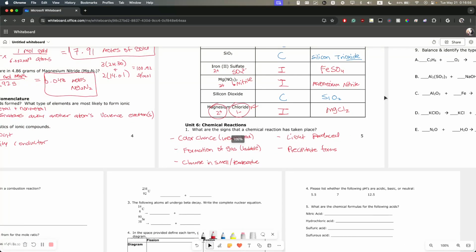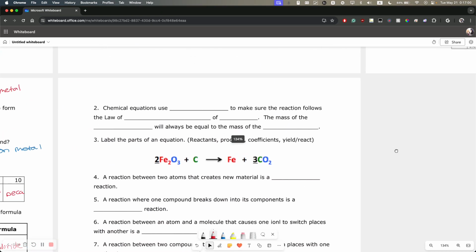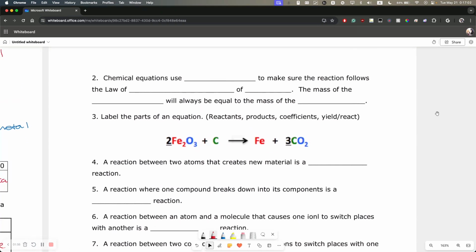Alright, moving on to question 2. Chemical equations use coefficients to make sure the reaction follows the law of conservation of mass.